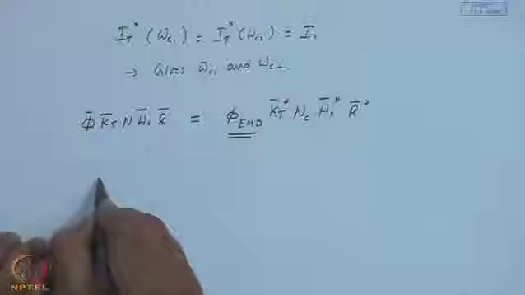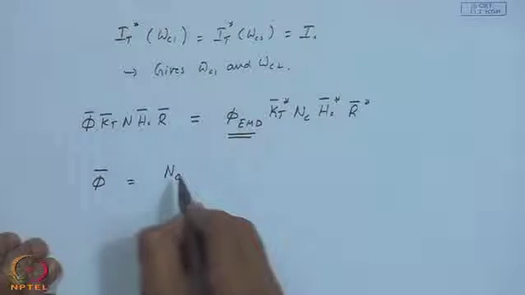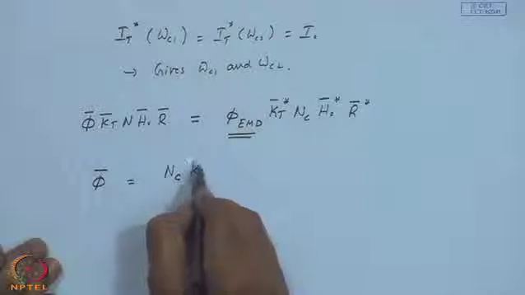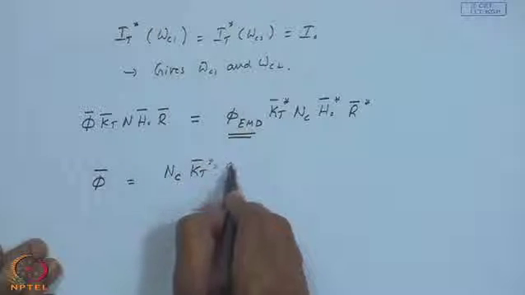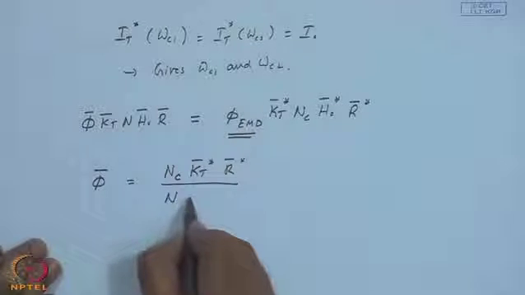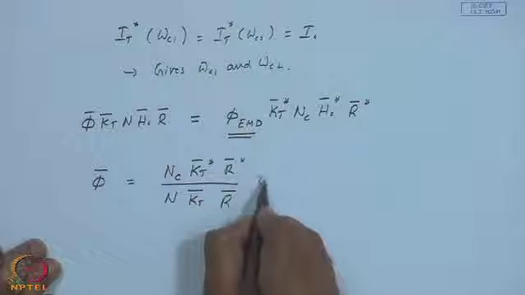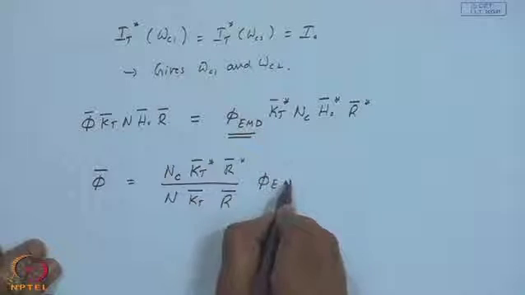So, from this you can solve phi bar is NC KT bar star R bar star upon N KT bar R bar into phi EMD.